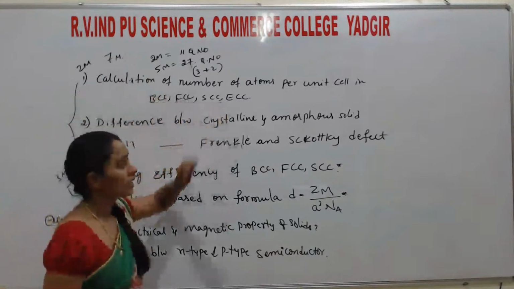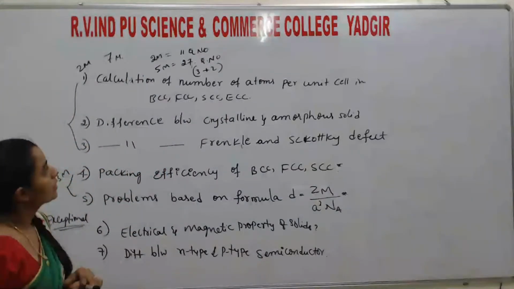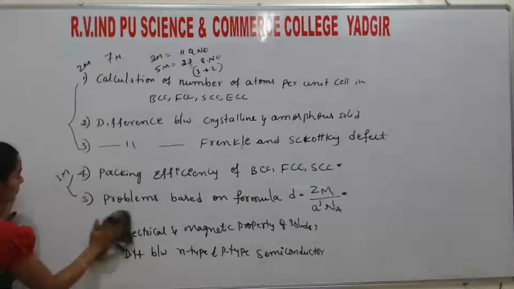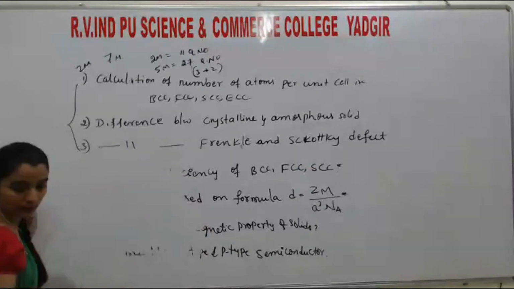Start with the packing efficiency study. Number of atoms per unit cell. The number of atoms in the respective unit cells like SCC, BCC and all.